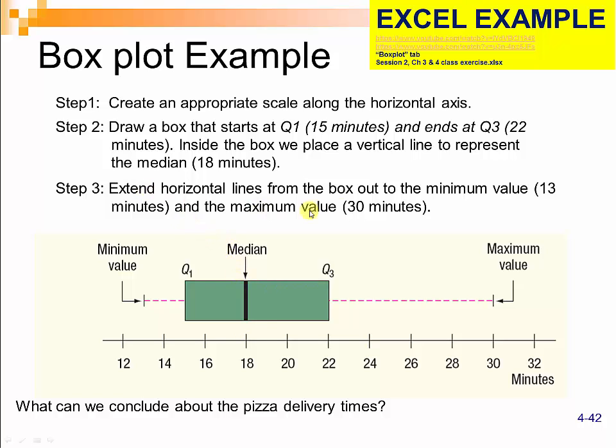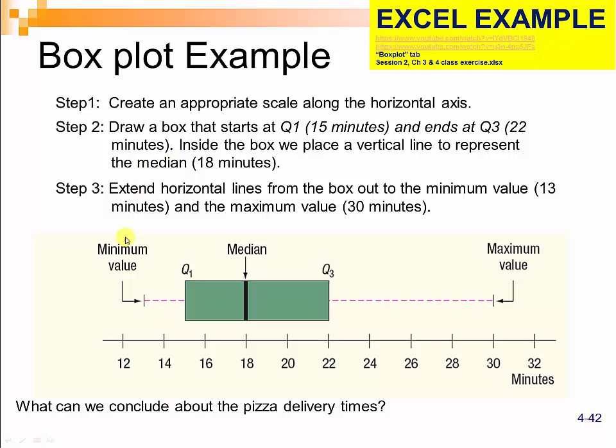Then we extend horizontal lines from the box out to the minimum value that's not an outlier and the maximum value that's not an outlier. And based on that, we create the box plot, sometimes referred to as the box and whisker plot.